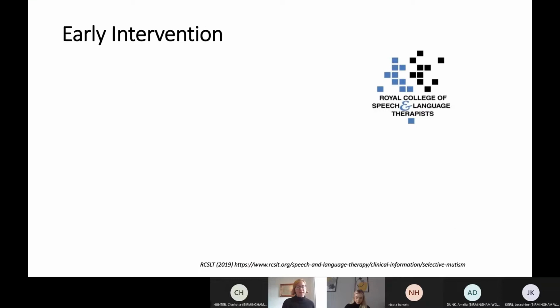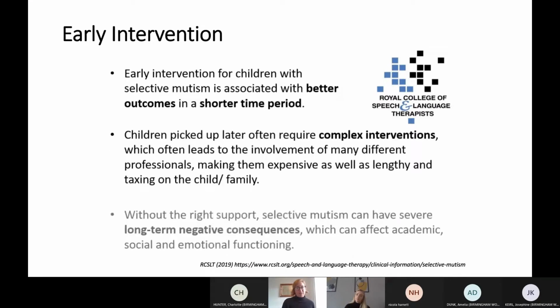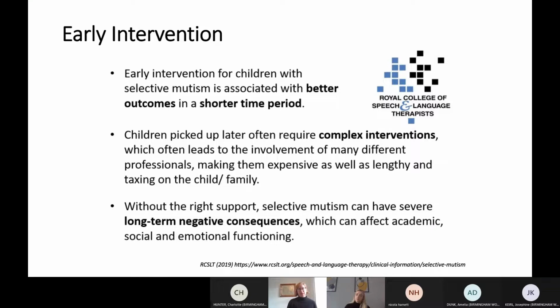So the Royal College of Speech and Language Therapists emphasises the fact that early intervention is what is needed. Early intervention, in every instance, is associated with better outcomes and a shorter time period of difficulty. So the child is likely to be selectively mute for a much shorter amount of time.